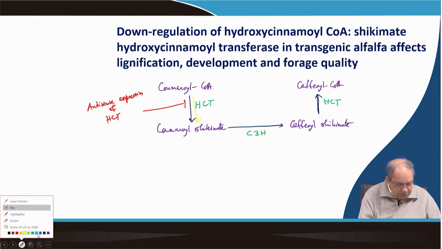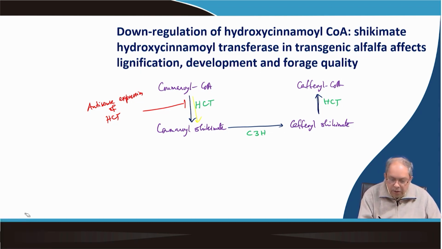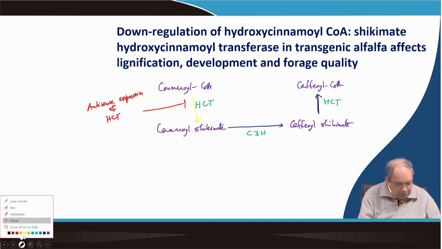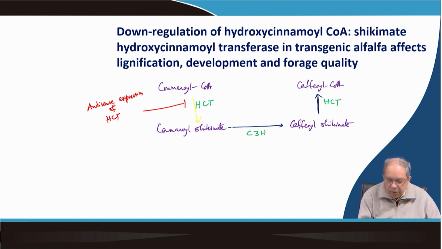So, if this flow is affected, that means coumaroyl CoA will accumulate. Okay, but the flow from this towards this will be less, and eventually the other lignin pathway will be less. So, then what is going to happen?